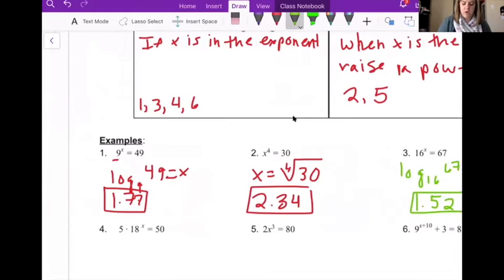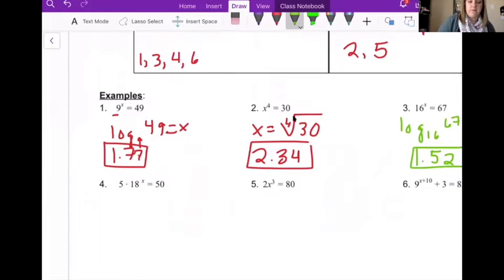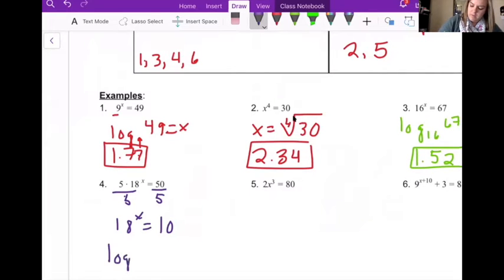And so then there's something that we have to do before we can switch this into a logarithm for number 4. We first need to divide by 5. So then we get 18 to the x power equals 10. And now we can switch it into a logarithm. So this would be log base 18 of 10 equals x.